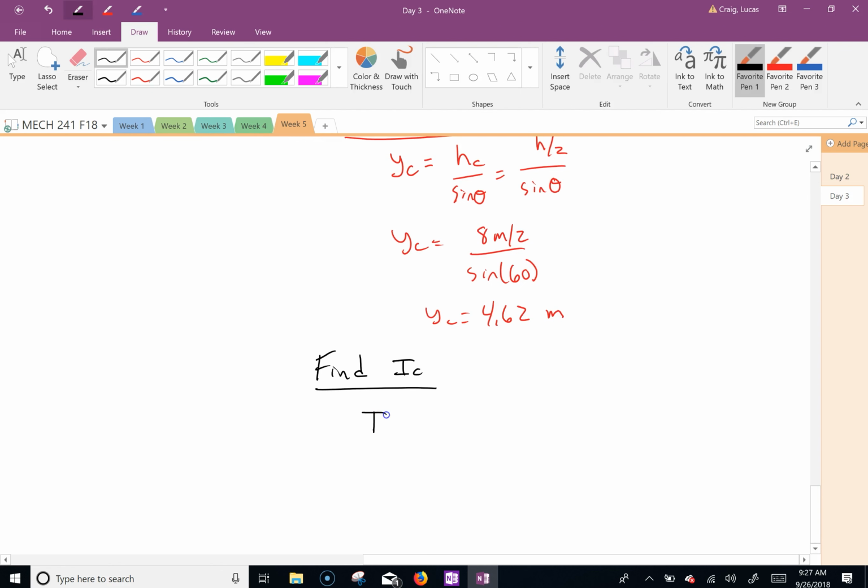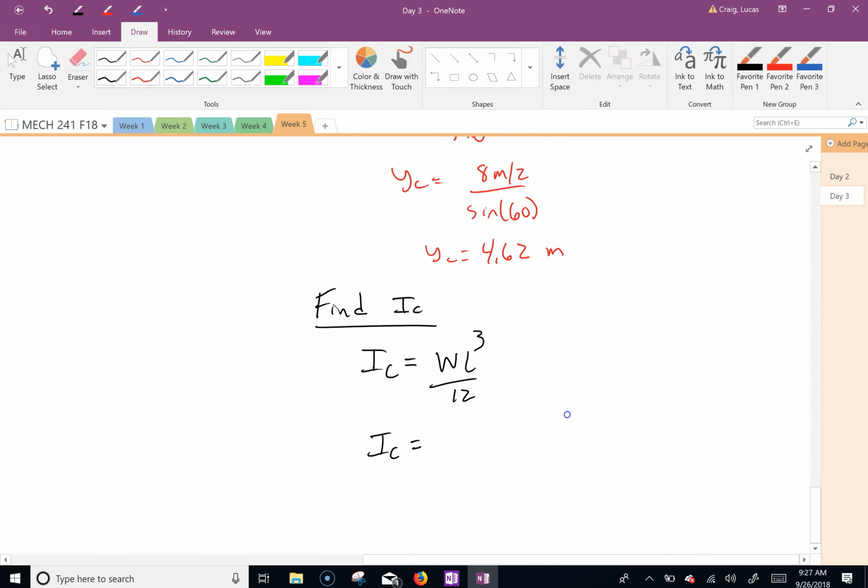All right, so this is a rectangle. So it's WL cubed over 12. So we get 30.5 meters times 8 meters over sine of 60, and that's cubed over 12.